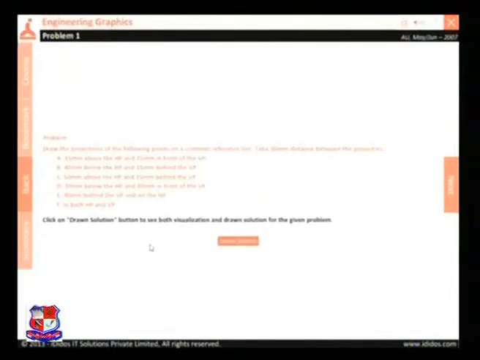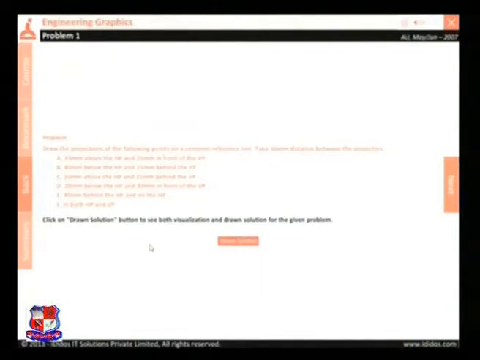Draw the projections of the following points on a common reference line. Take 30 mm distance between the projectors. A. 35 mm above the HP and 25 mm in front of the VP. B. 40 mm below the HP and 15 mm behind the VP.